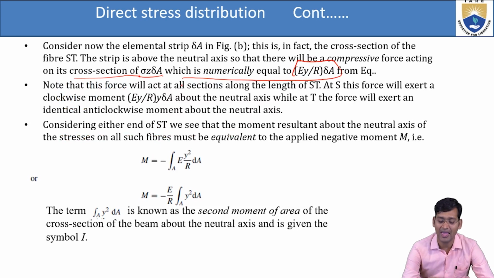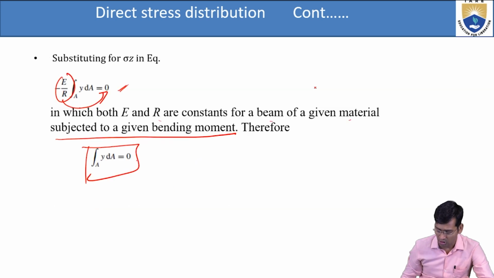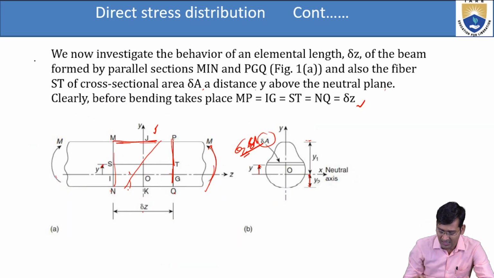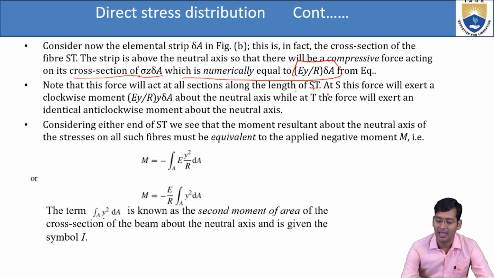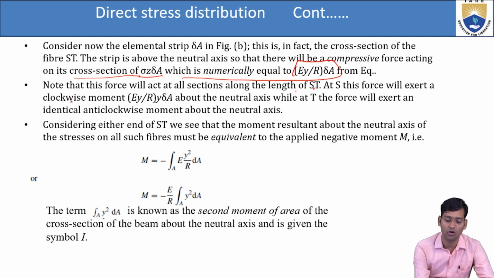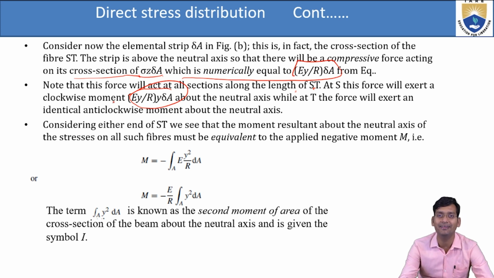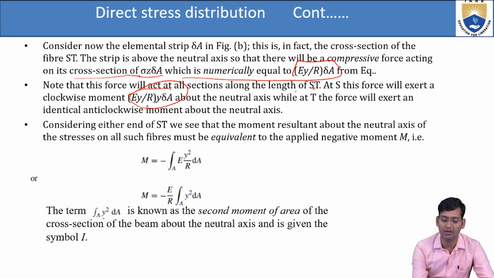Note that this force will act at all sections along the length ST, at all the points along ST. At S, this force will exert a clockwise moment equal to Ey by r into y dA, because Ey by r into delta A is the force, and multiplying by y gives the moment about the neutral axis.